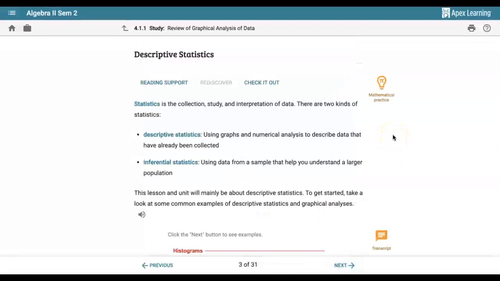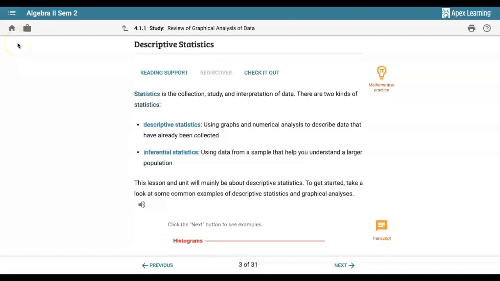All right. Then when we're dealing with statistics, right, the collection, study, and interpretation of data, we're going to deal with two kinds of statistics here. So descriptive statistics and inferential statistics. Okay, using data from a sample that can help you understand a larger population, right, versus our descriptive statistics, which we can use graphs or analysis to describe the data that has already been collected.